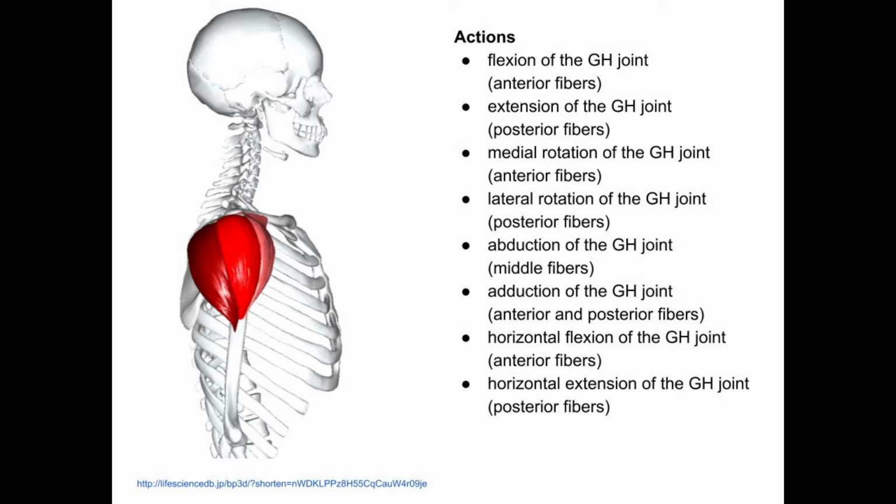And the anterior head of the deltoid can perform horizontal flexion, also known as horizontal adduction. This would be similar to the movement of a wide grip push-up or bench press. And then the rear head of the deltoid can contribute to horizontal extension or horizontal abduction of the humerus in the transverse plane of the body.